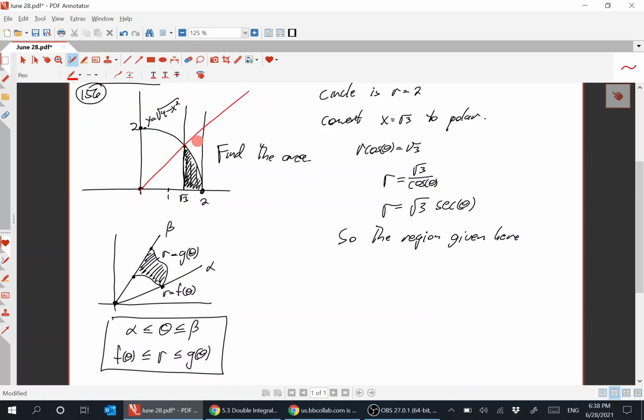So this is the point x equal to square root 3, and then y is going to be equal to, I guess, what? Well, this point here is along the circle r equals 2.